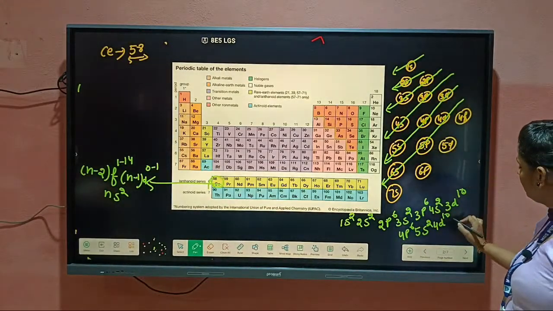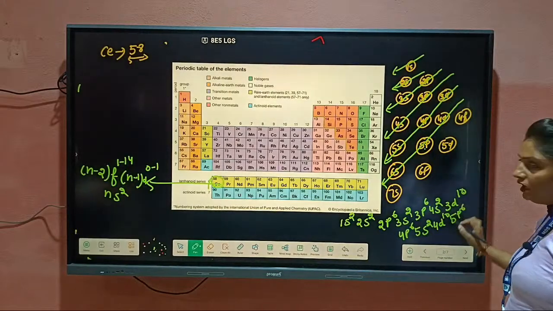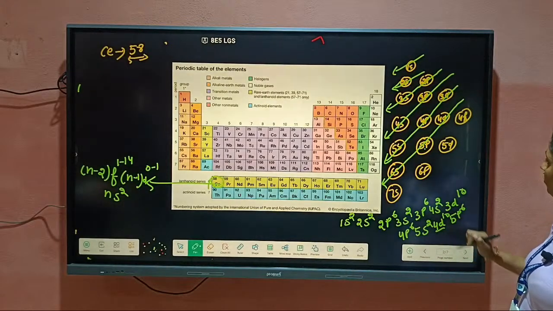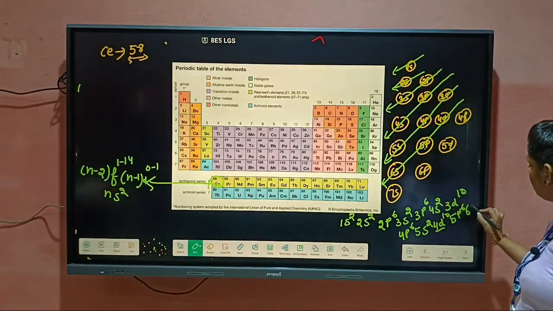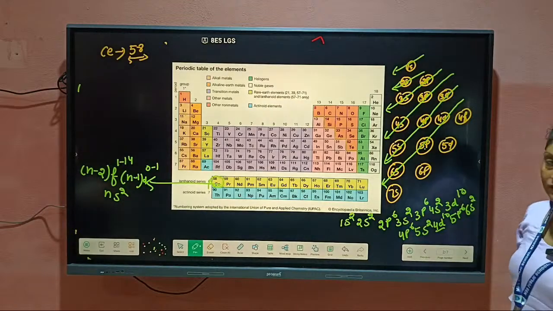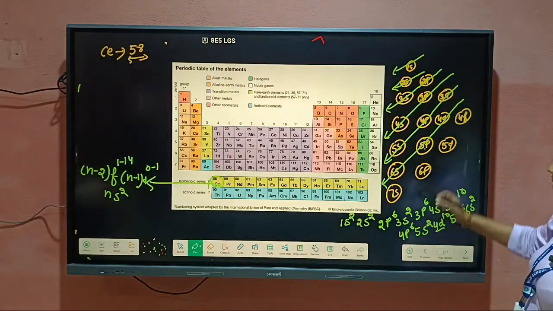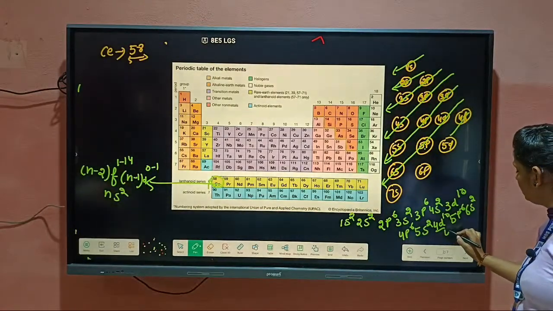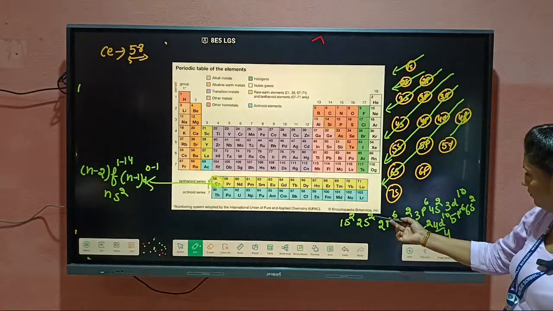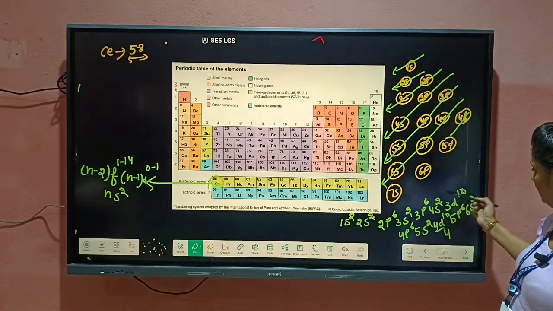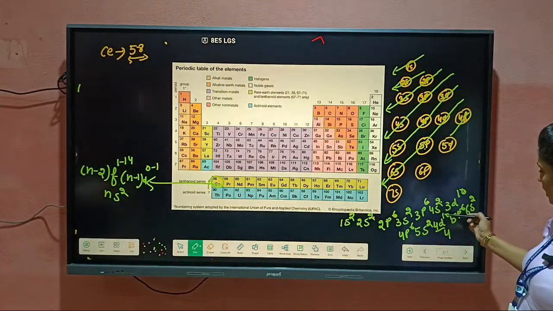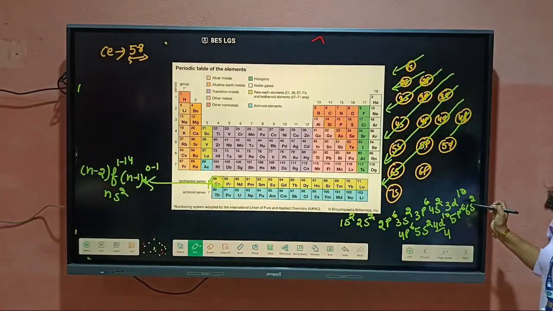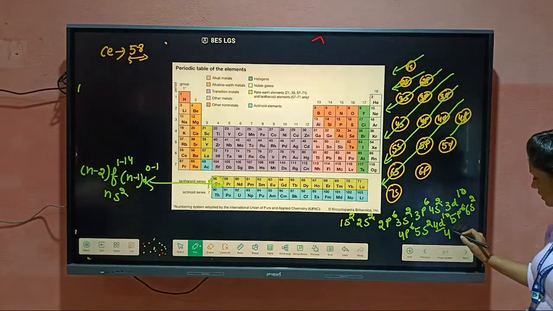After 48, in 5p, so 54. Then in 6s. Then we will move to the 4f. 54, 56.